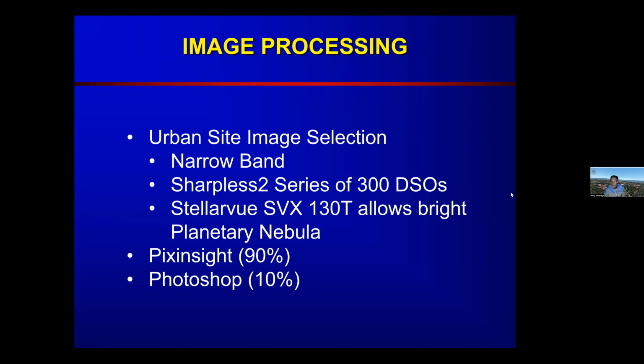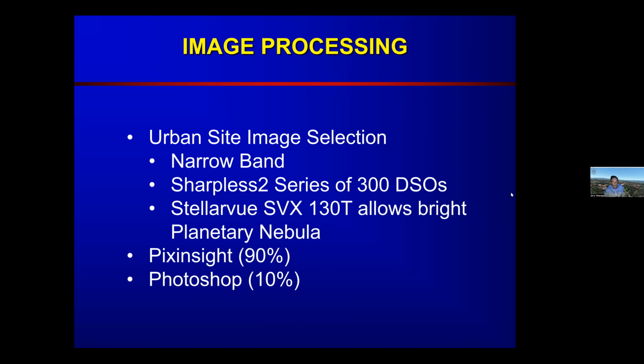And with the high resolution of that CMOS, very small pixel camera, and the really quality lens of the Stellarview, you get down to some very ridiculous resolutions, particularly with narrowband images. I'm talking like 1 arcsecond resolutions. I couldn't believe it, but I measured it, and there it was.